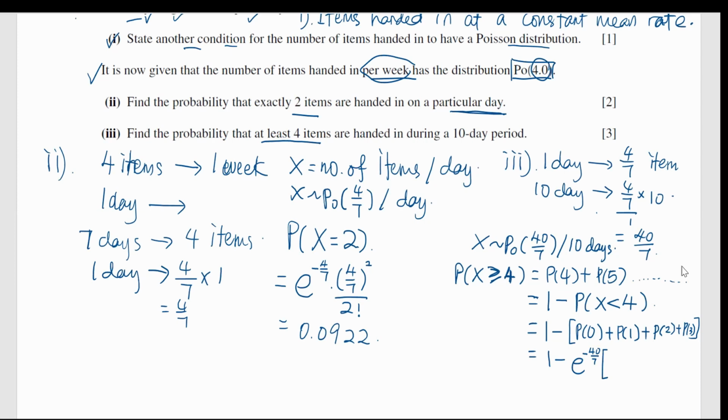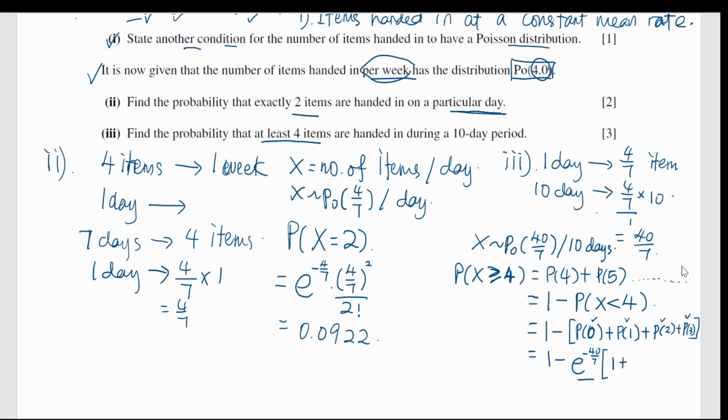For the probability of X equals 0, 1, 2, and 3, the e to the power of negative 40/7 is the same. So when I write it down, I will factorize it out, and write the rest inside the bracket like this. When X equals 0, you basically get 1.